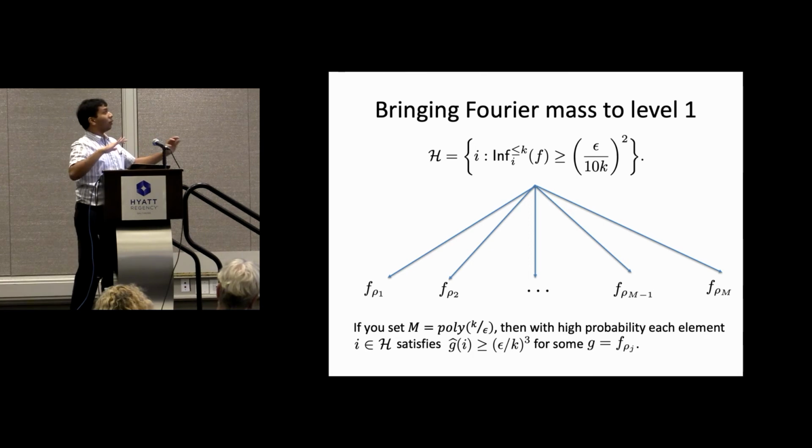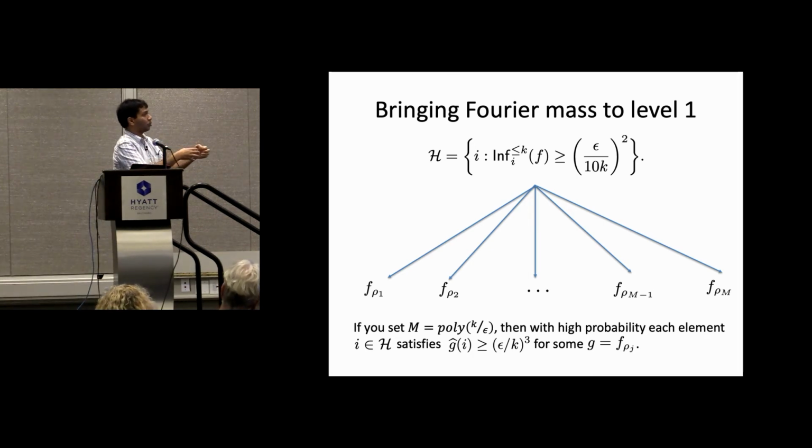Okay? So now I can assume that I have ensured oracle access to a function where an interesting variable I am interested in has large degree-1 influence.